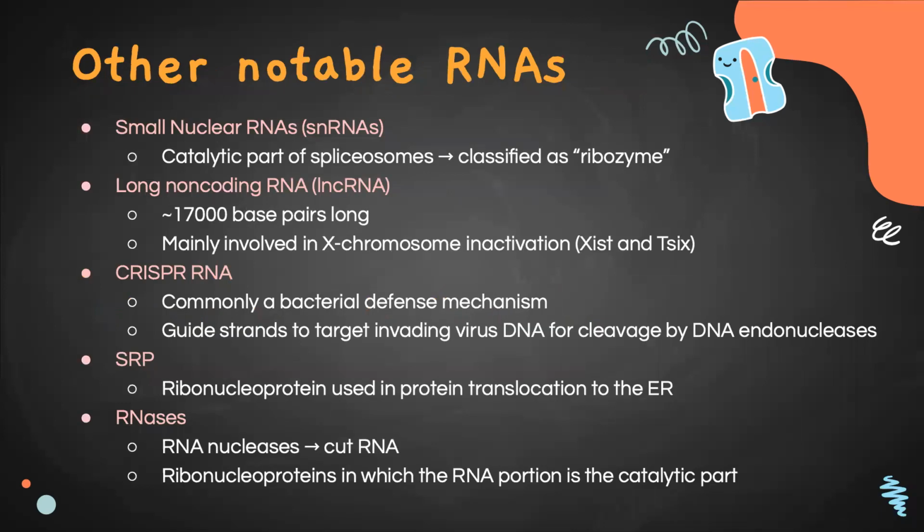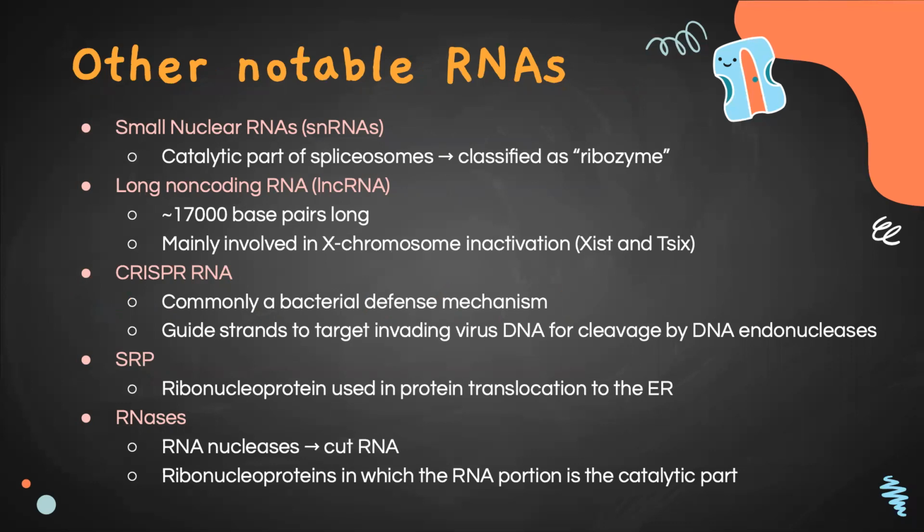Okay, so there are other notable types of RNAs that we just want to touch upon that aren't as important. There are small nuclear RNAs, which are the catalytic part of spliceosomes. These splice the RNA into introns and exons. Then there's long non-coding RNA, which is lncRNA.